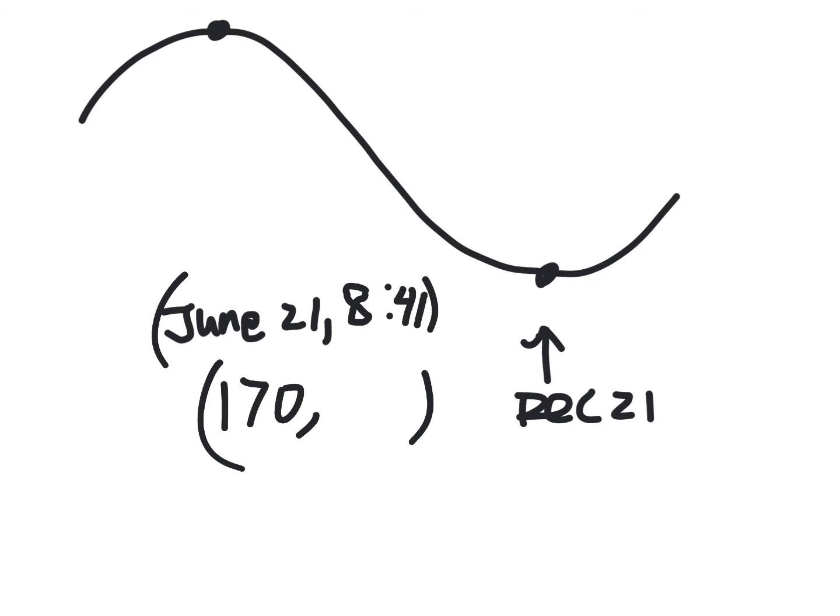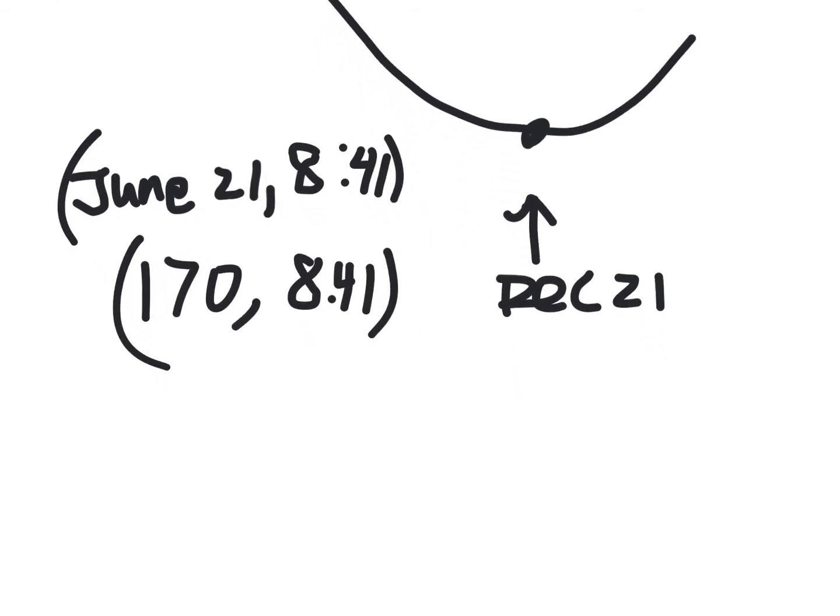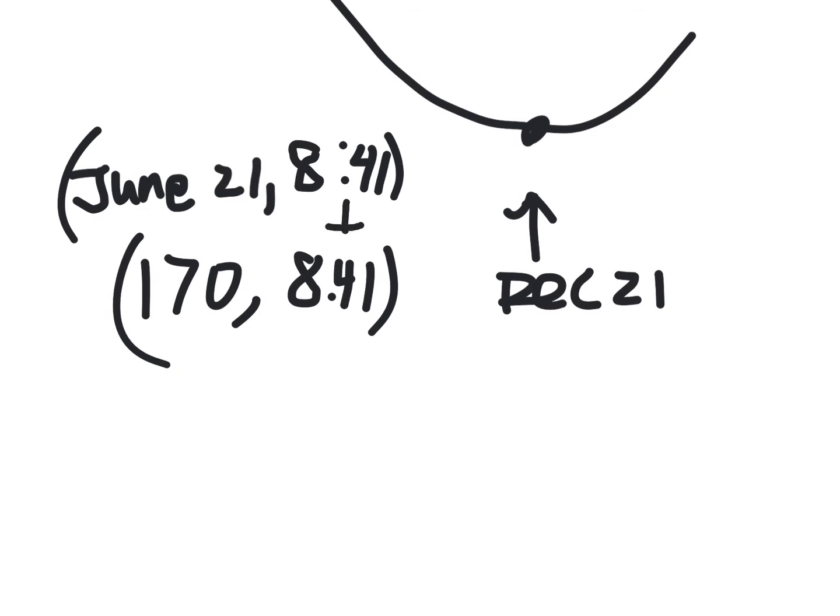Do you think that means 8.41? Of course not. So what do you do to change 8:41 into 8 point something? Grab your calculator or use your iPad, and everybody right now, figure out what 8:41 is as a decimal. It's 8 point something. Hint, it's out of 60 minutes.